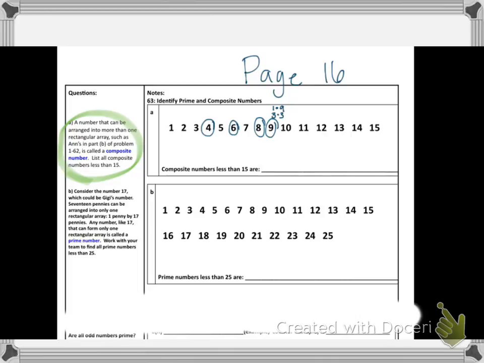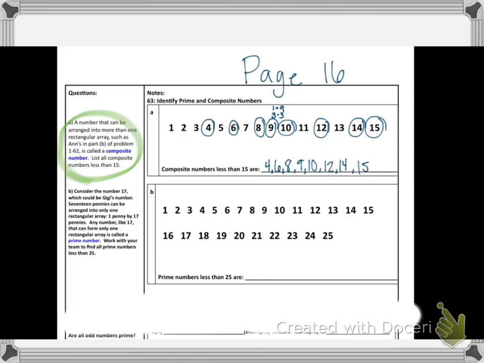It has more than one rectangular array. So does 10. 11 only has one. 12, 14, and 15 have more than one. The composite numbers that are less than 15 are 4, 6, 8, 9, 10, 12, 14, and 15. They all have more than one way to get there.